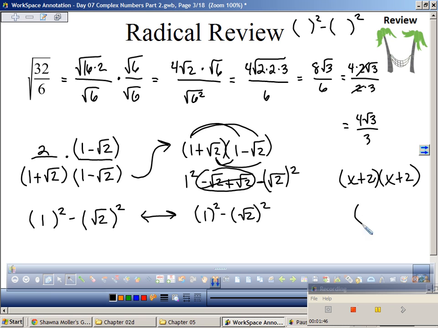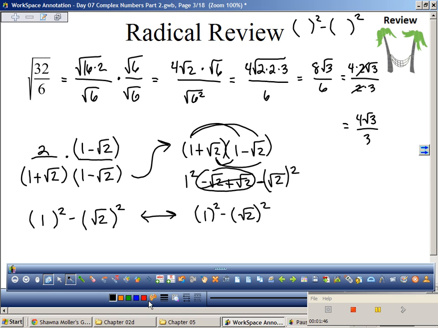What are these? What goes here? What goes here? X squared minus 4. See how I did that? Another one? Hold on. People are letting this sink in.